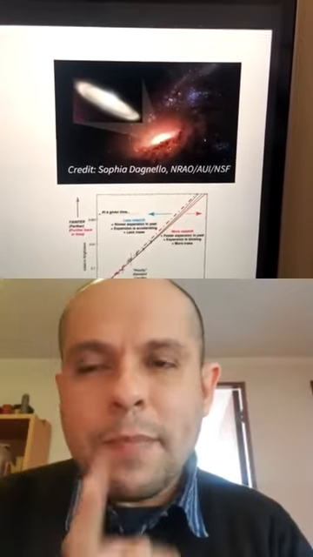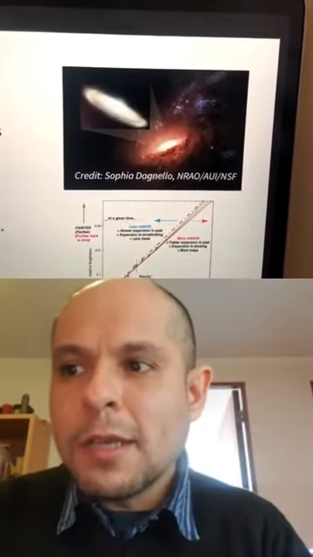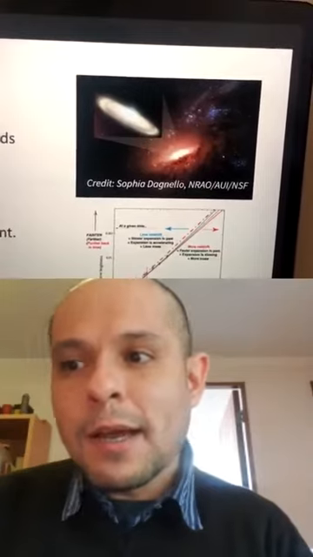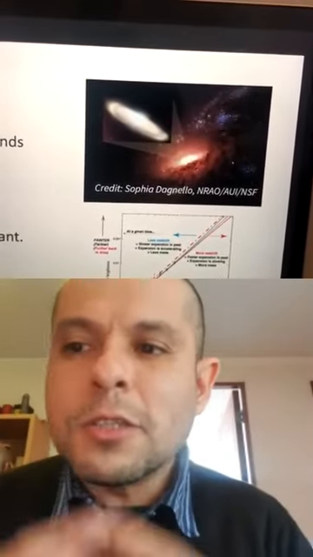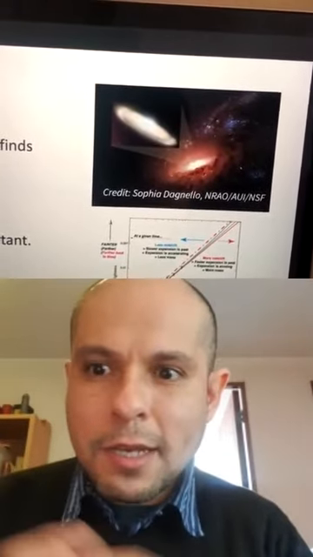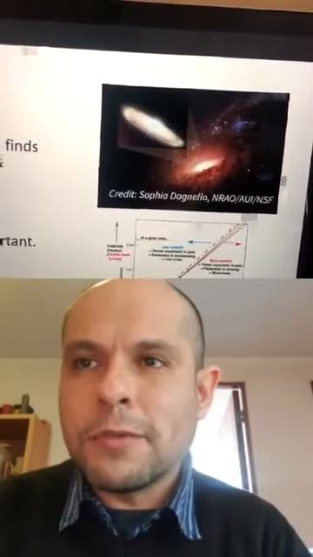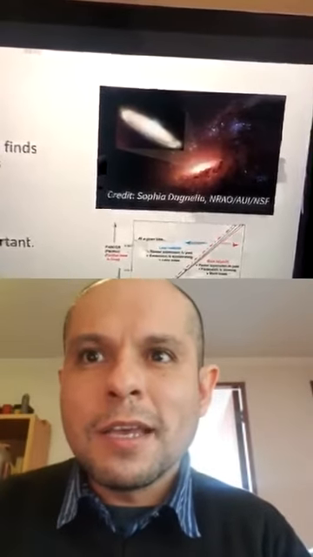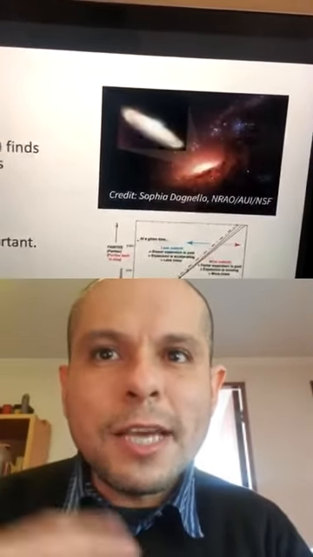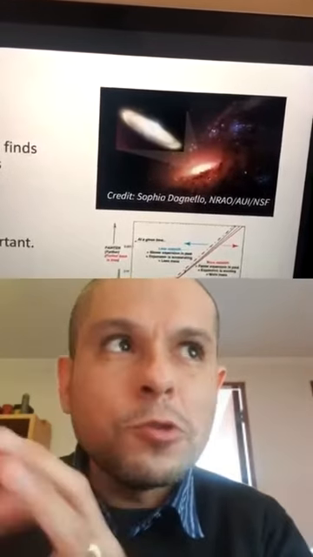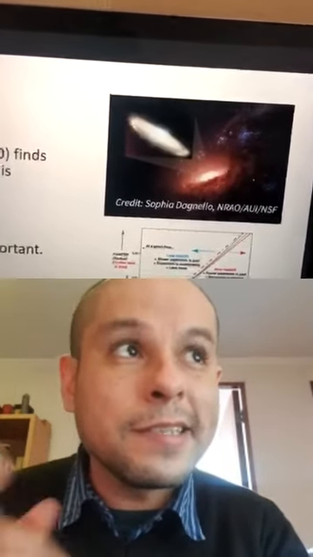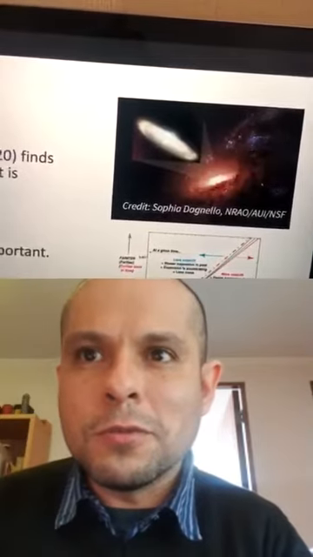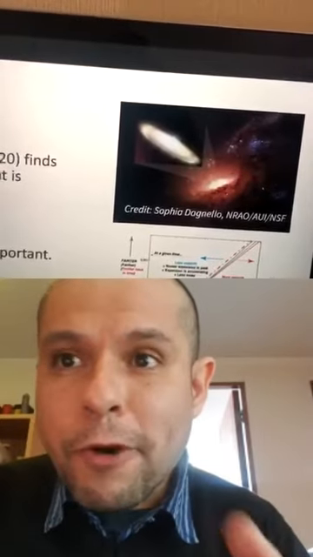And this discrepancy means that the universe could be smaller, so the acceleration is not that big, and maybe dark energy is not that important. But they did it with a small number of galaxies, so it's a good suggestion, but it needs better statistics to be confirmed.